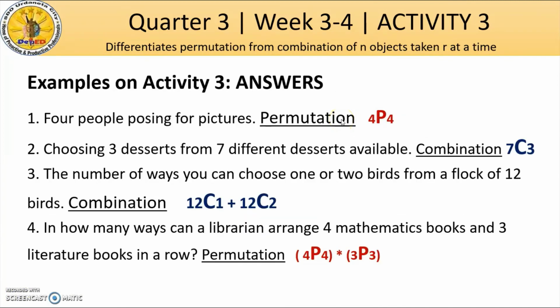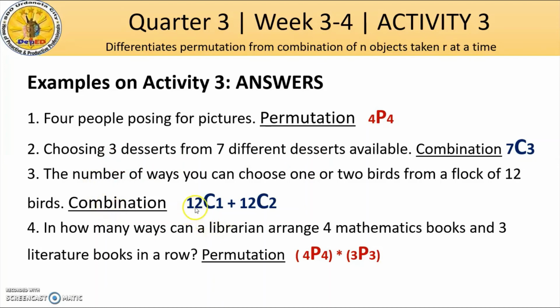The answers for your Activity 3. We have number 1, permutation, denoted by 4P4, because there are 4 people that would pose for a picture. Number 2, we have combination, denoted by 7C3, because there are 7 different desserts and we will only choose 3. Number 3, we also have combination.